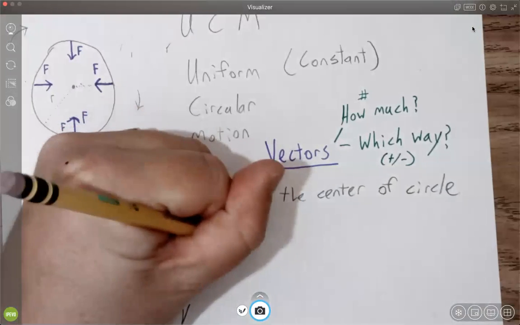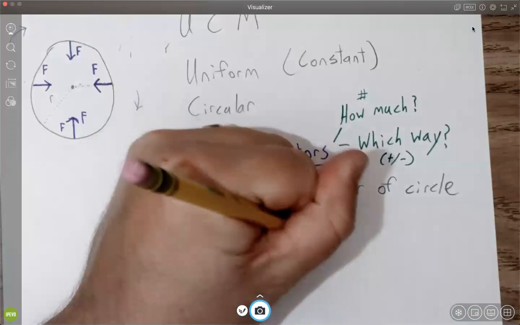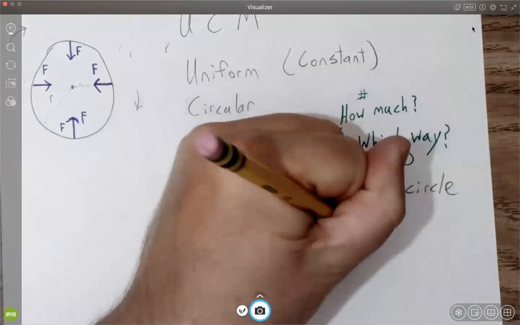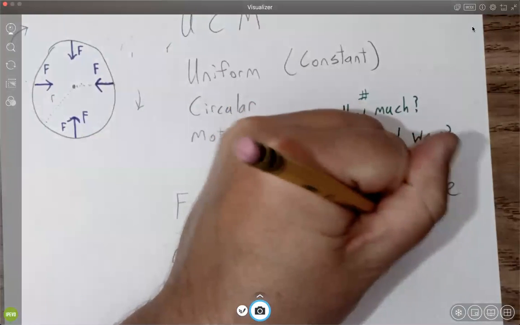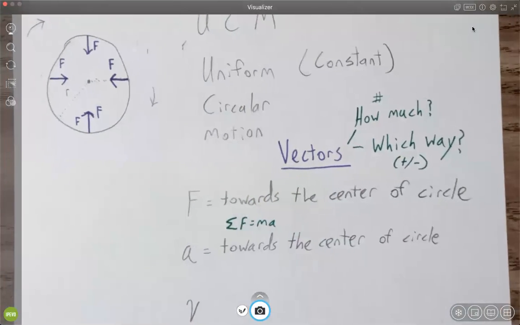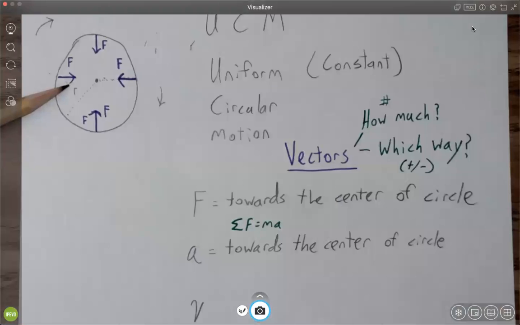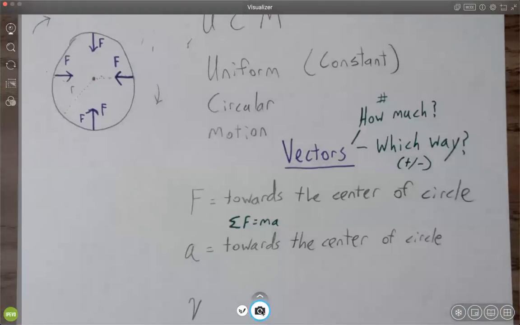It's going to be towards the center of the circle. So this force going towards the center, that means this acceleration at all points is also radially inwards towards the center of the circle.